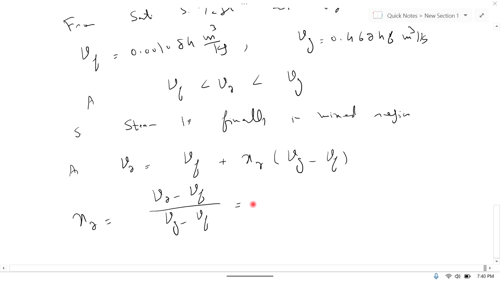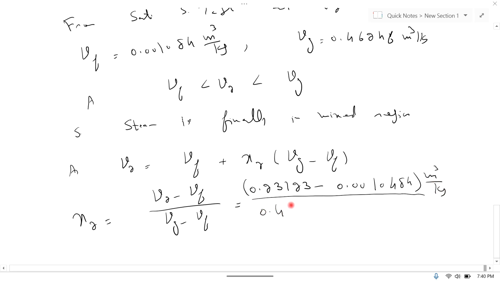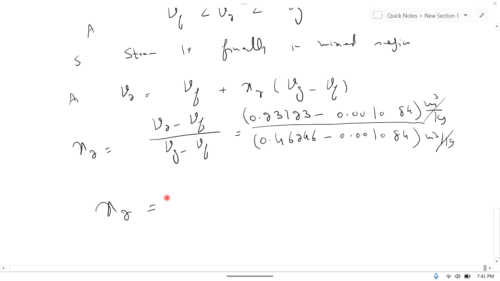V2 is 0.23123 minus Vf, 0.001084 meter cube per kg, divided by Vg, 0.46246, minus Vf, 0.001084. The unit is meter cube per kg, so the units cancel, and the value of X2 is 0.4988.